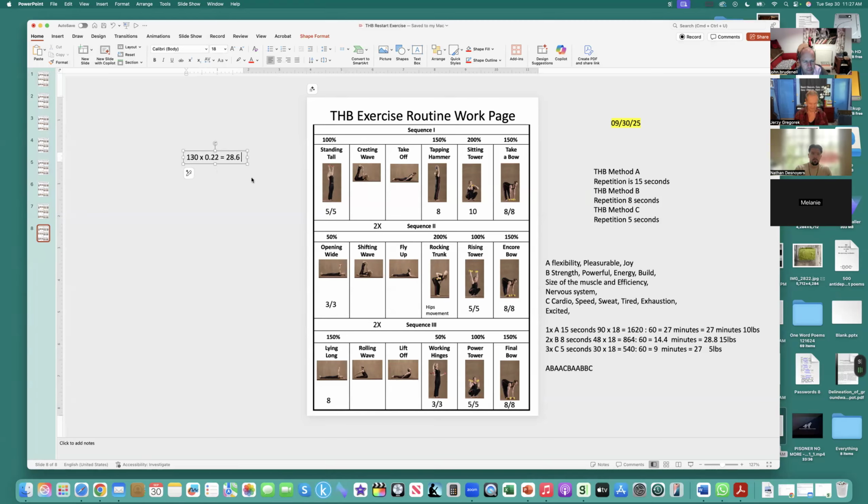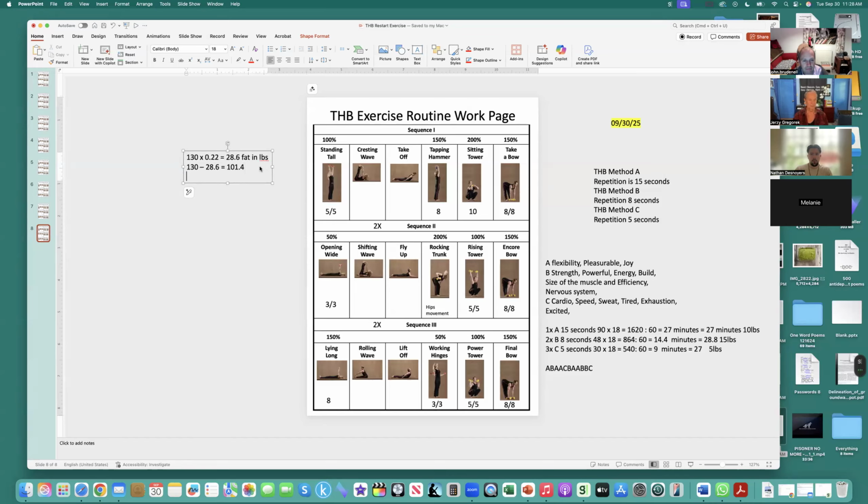So that's your fat in pounds. So everything else is lean mass: 130 minus 28.6 is 101.4. All right, good.